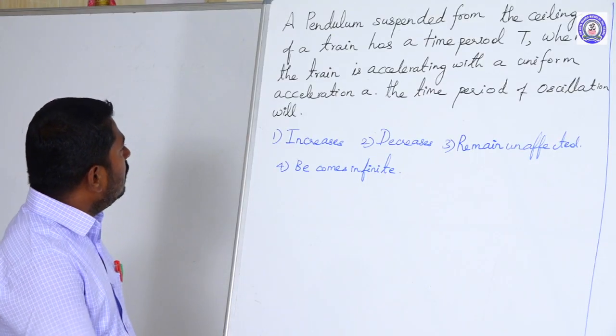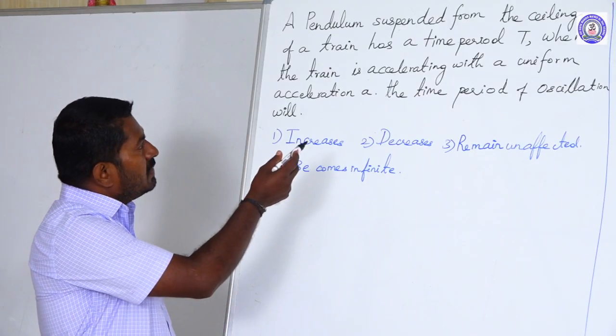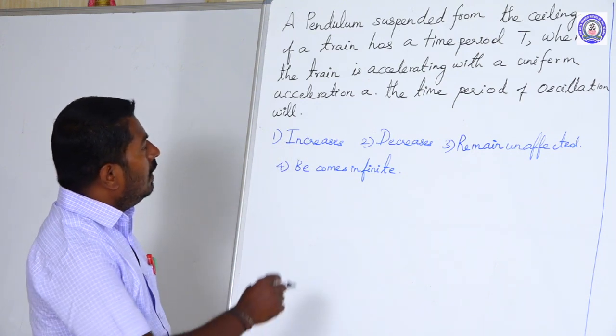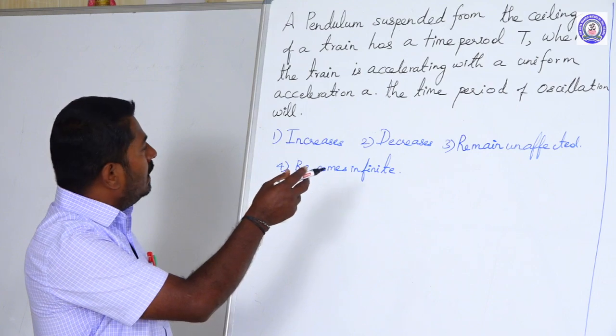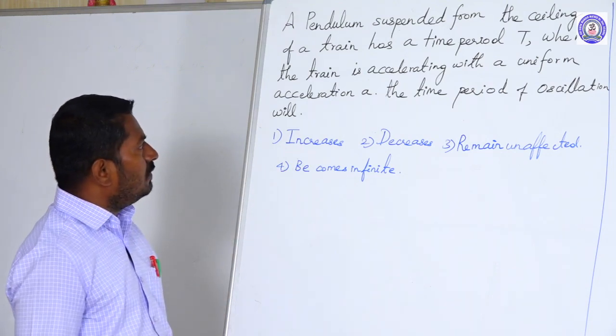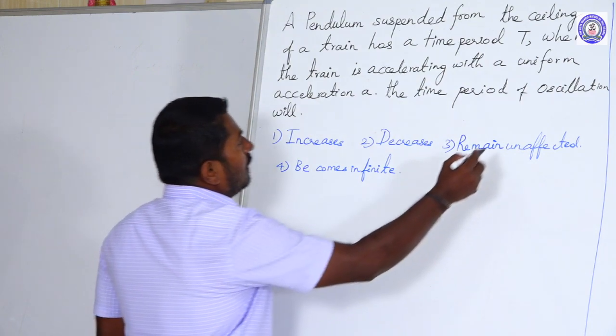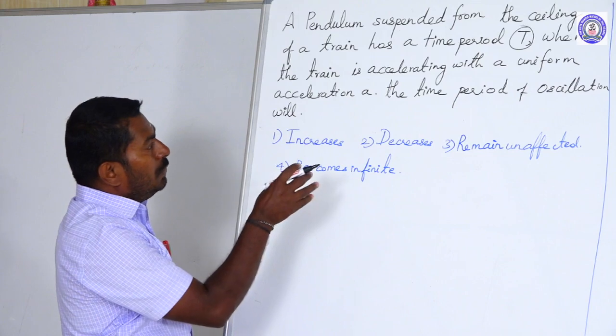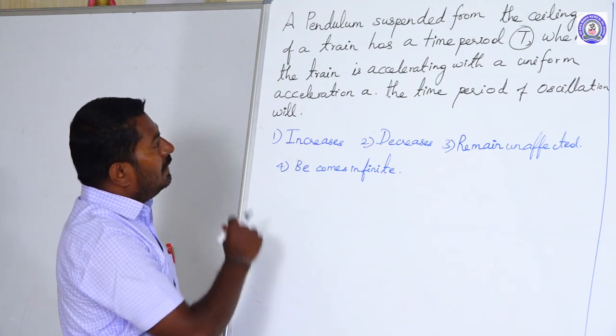See the next one mark question. A simple pendulum suspended from the ceiling of a train has a time period T. When the train is accelerating with uniform acceleration a, what will the new time period of oscillation be? Initially the train is at rest, and the simple pendulum experiment is performed inside the train.